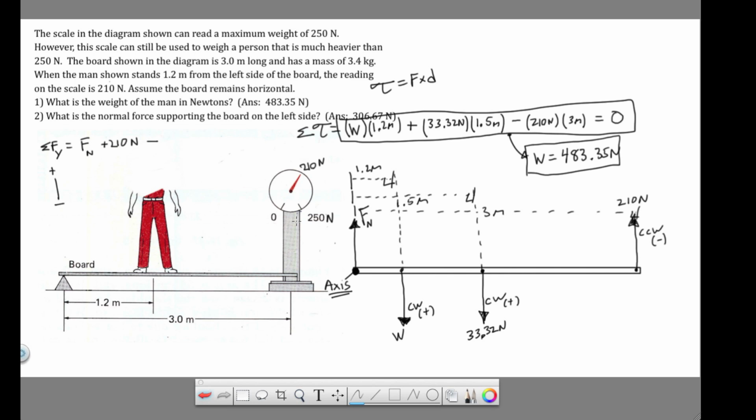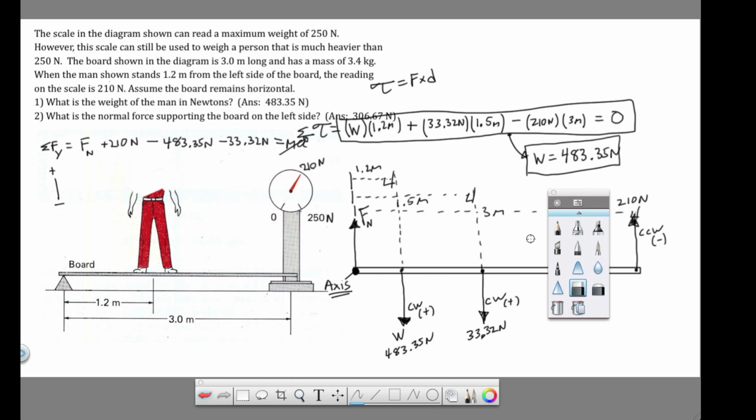Okay, minus the weight of the man, which we found out was 483.35. That's what this is right here, 483.35. And then the weight of the board, minus 33.32 newtons. The sum of the forces equals ma, but there is no acceleration. That equals 0. So we can just put this in as 0.